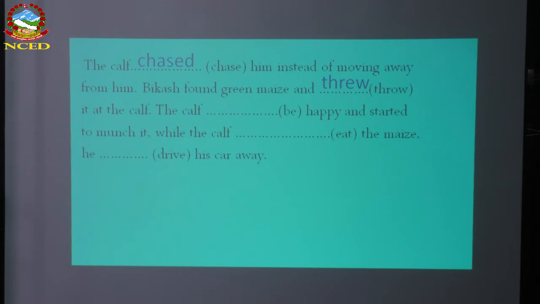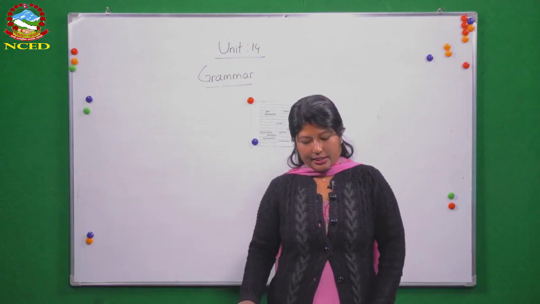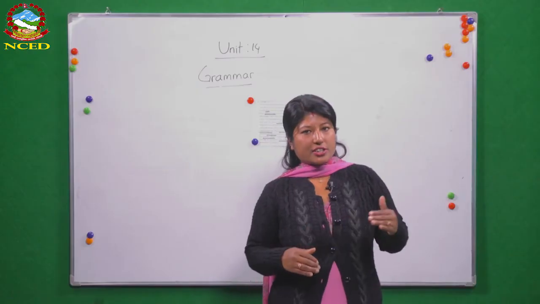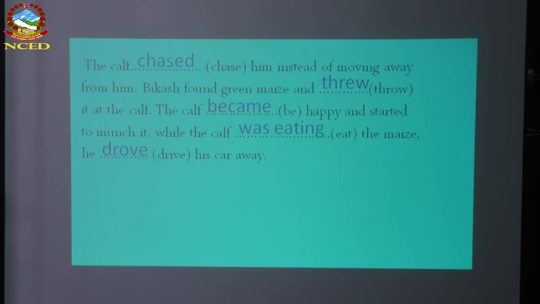The calf became happy and started to munch it. Munch means chew it. While the calf was eating the maize, he drove his car away. So have you checked your answers? Alright, let's move to the next exercise. I hope you have checked your exercises. Now let's move to the next one.